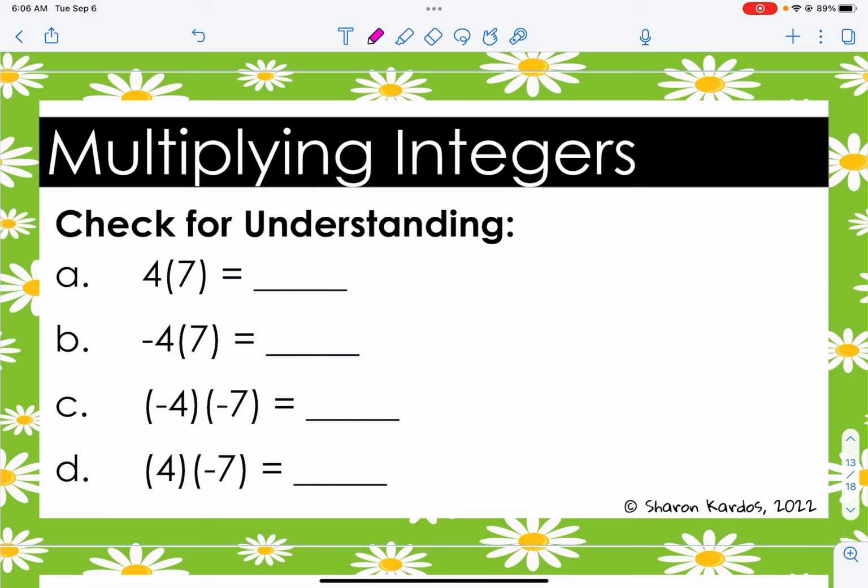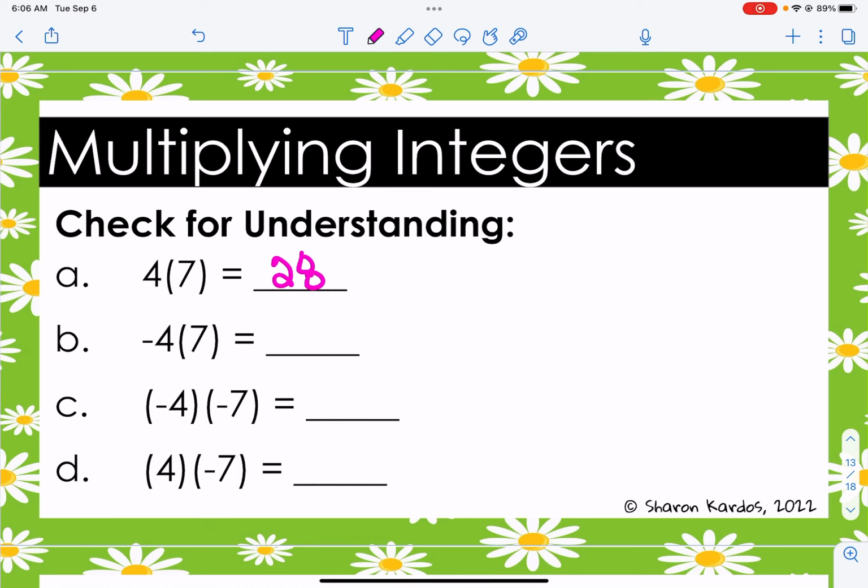Okay, hopefully you jotted down some answers, and let's go over what they would be. Question A says 4 times 7, which is 28. Actually all of these are going to be 28, and we just have to decide if it's going to be a positive 28 or a negative 28. In letter A, my signs are the same. They're both positive, so it's a positive 28.